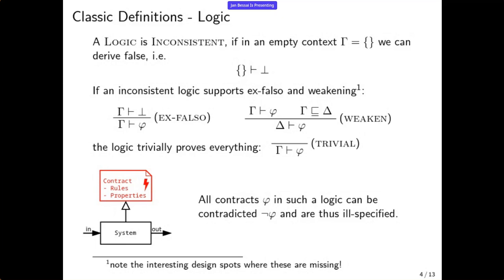And if we have those two, and we can somehow derive false from the empty context, then our logic becomes trivial or inconsistent, and we can actually, in any context, derive anything. And that, of course, means that the entire concept of contracts, rules, properties of our systems becomes meaningless, because for every contract I can verify, I could as well verify another contract that's saying exactly the opposite, and that's, of course, nonsense.